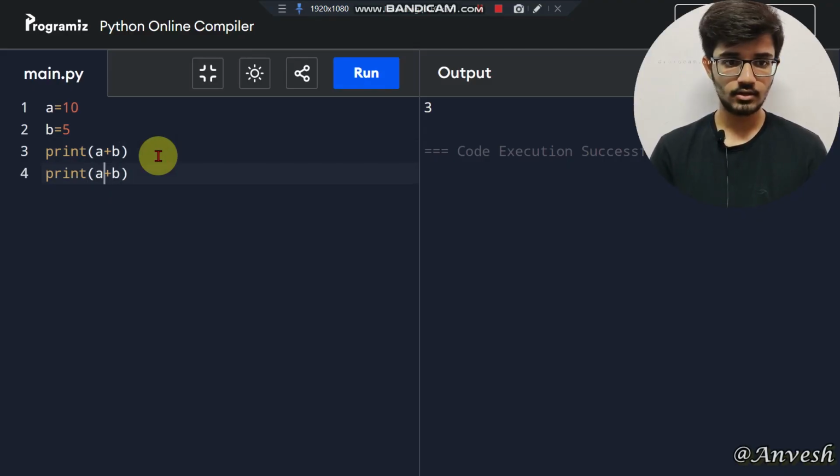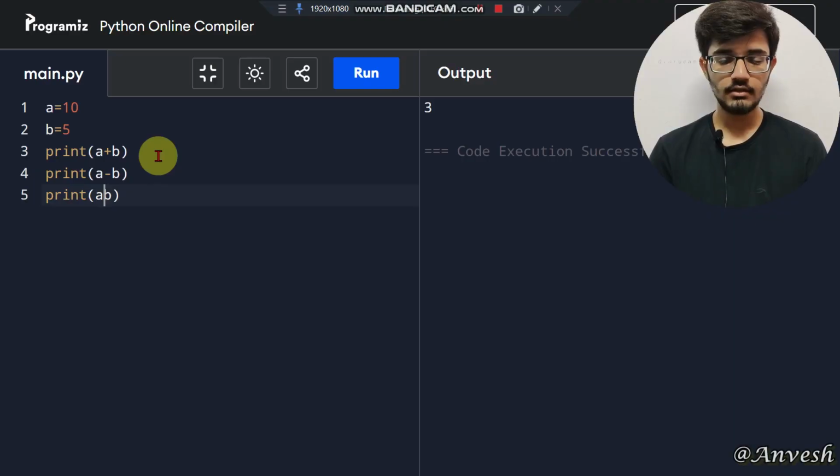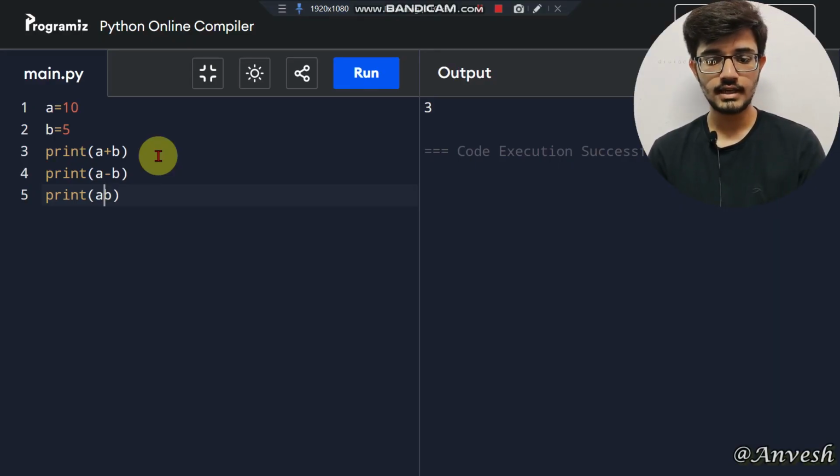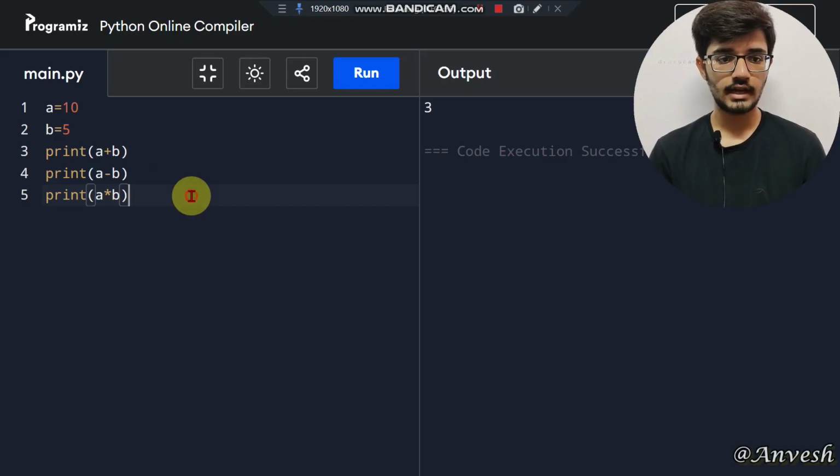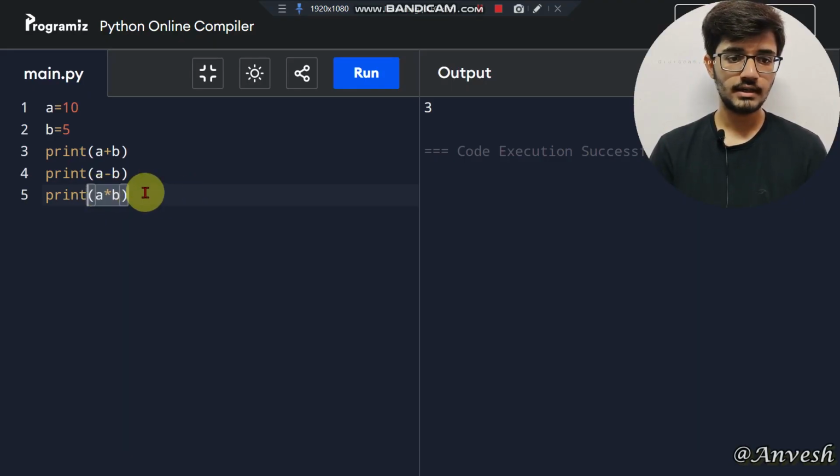Also the subtraction operator. Subtraction operator means minus, just minus. And the multiplication operator: for multiplication, we use the asterisk symbol, or in our normal language we say star, and in programming language we say asterisk character. So this is the way we do the multiplication operator.